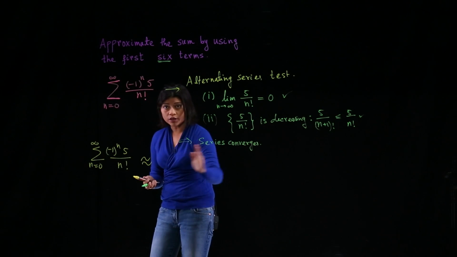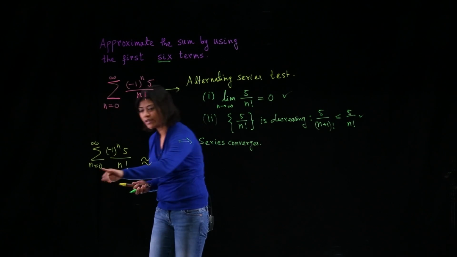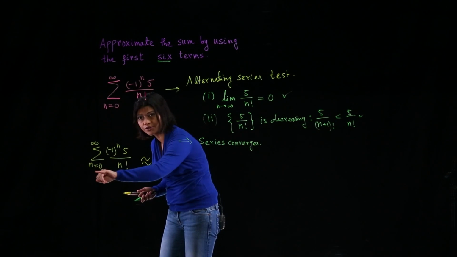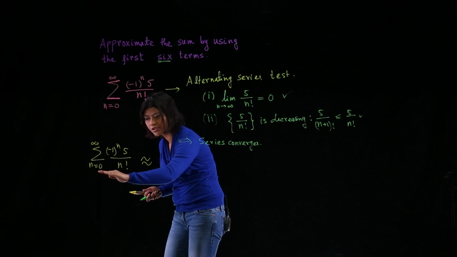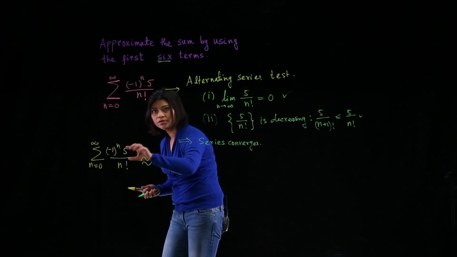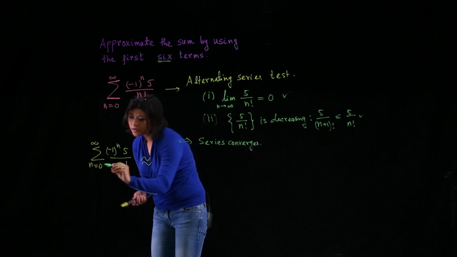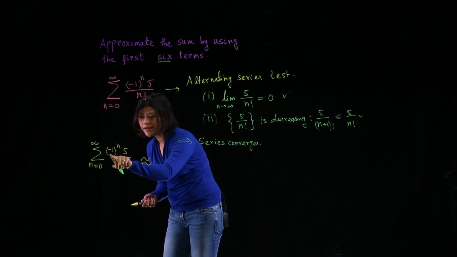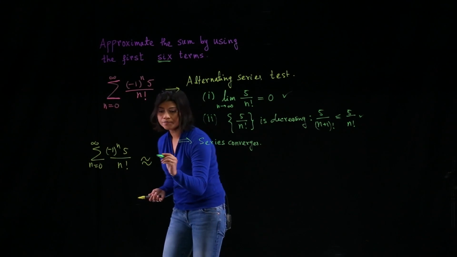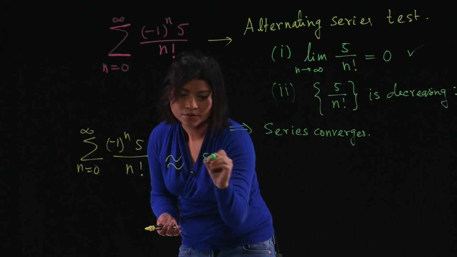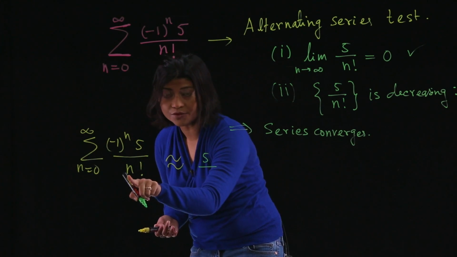So how do we know all the terms? The first term is the first n value that's given to you. So it starts at n equals 0. So you plug in n equals 0, and whatever you get, that's the first term. Okay, so let's see. n equals 0, (-1) to the power 0 is 1. So you get 5 divided by 0 factorial.